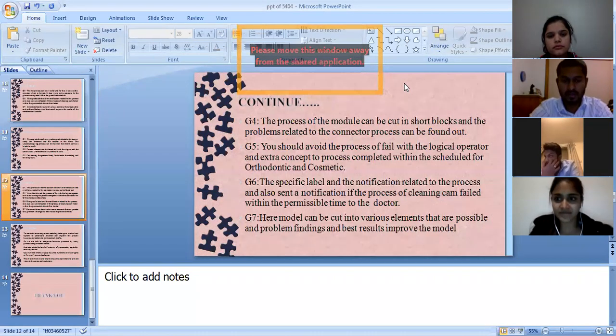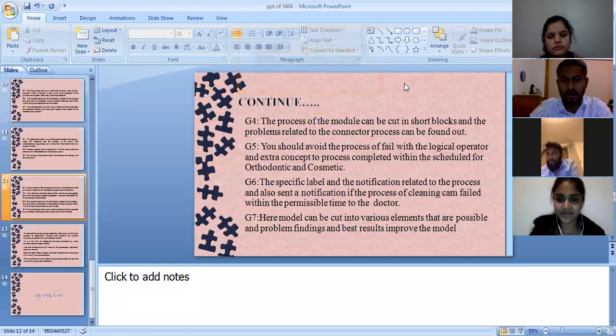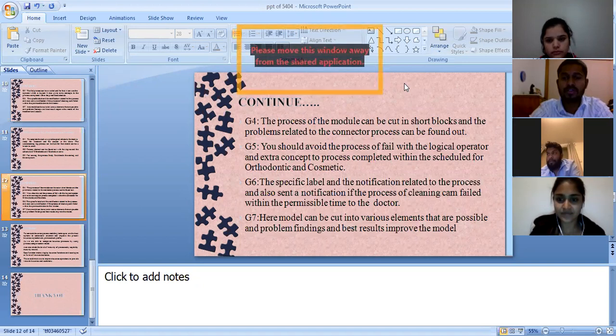So this is the guideline which talks about the cuts in short blocks and the connectors in this process. And the fifth guideline says you should avoid the process failing with the logical operator, and extra concept to process completed within the schedule for orthodontic and cosmetic.